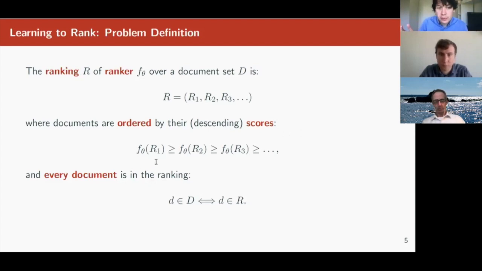There's no real reason for this. We can, ascending or descending, it's completely arbitrary. But for this tutorial, we'll stick to descending just to be consistent and to make everything clear. And finally, a small detail, but every document has to be in the ranking. So when we rank something, we're not selecting, we're only determining the ordering.